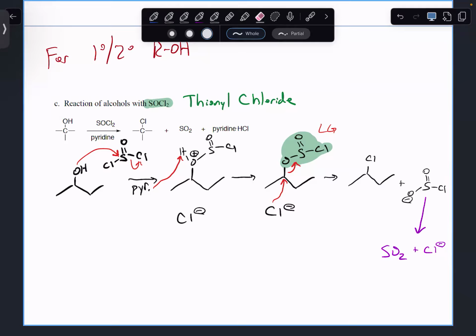So it became very tightly regulated and kind of expensive to get, and we just found alternate ways of doing that reaction. But just like before, the take-home message here is, if you want to take a primary or secondary alcohol and make it a chloride, use thionyl chloride.